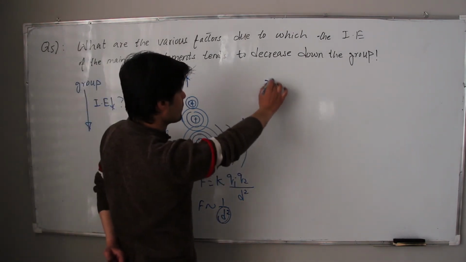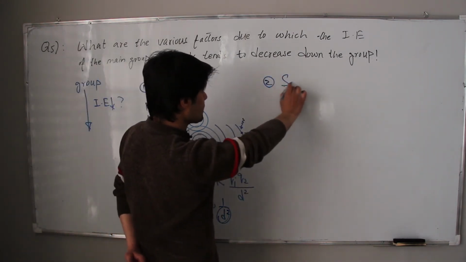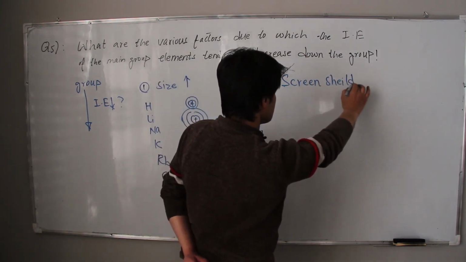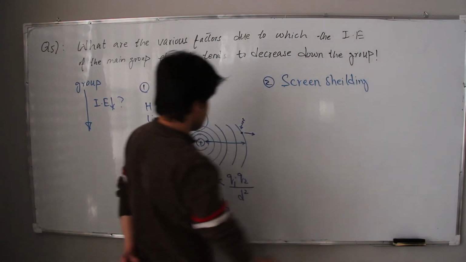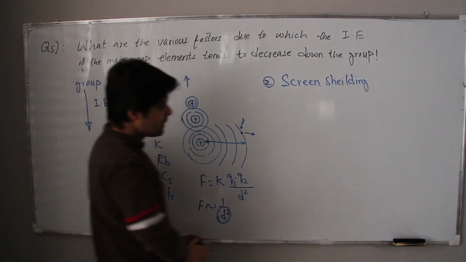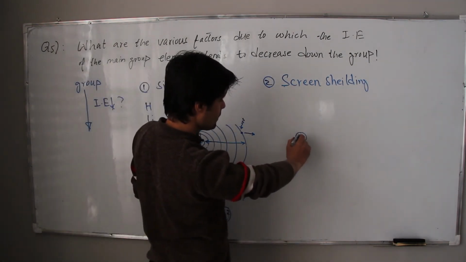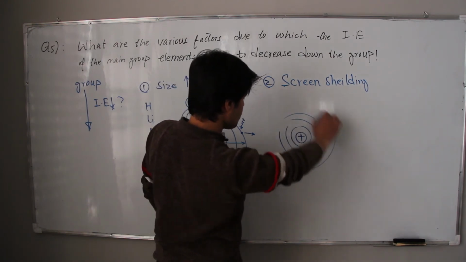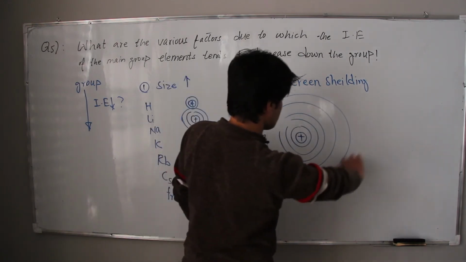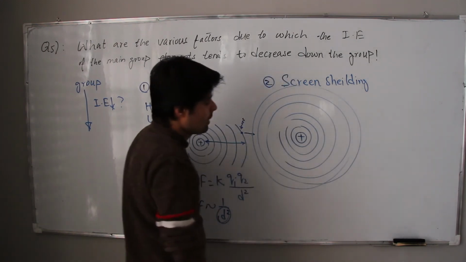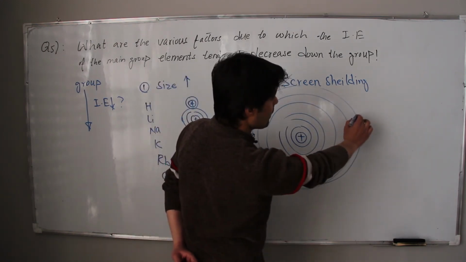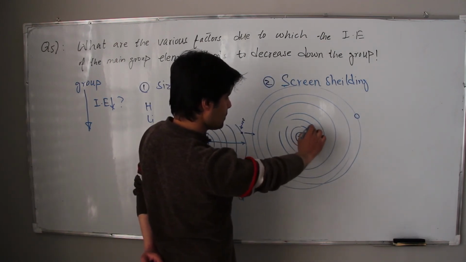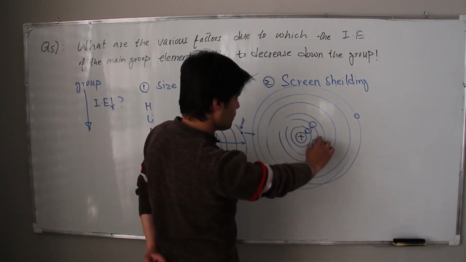The second result is screen shielding. What does it mean? If this is the nucleus and these are the shells or orbits, whatever you want to call them. Now, what do you think? If we have an electron in here, we have the s orbital and p orbital.